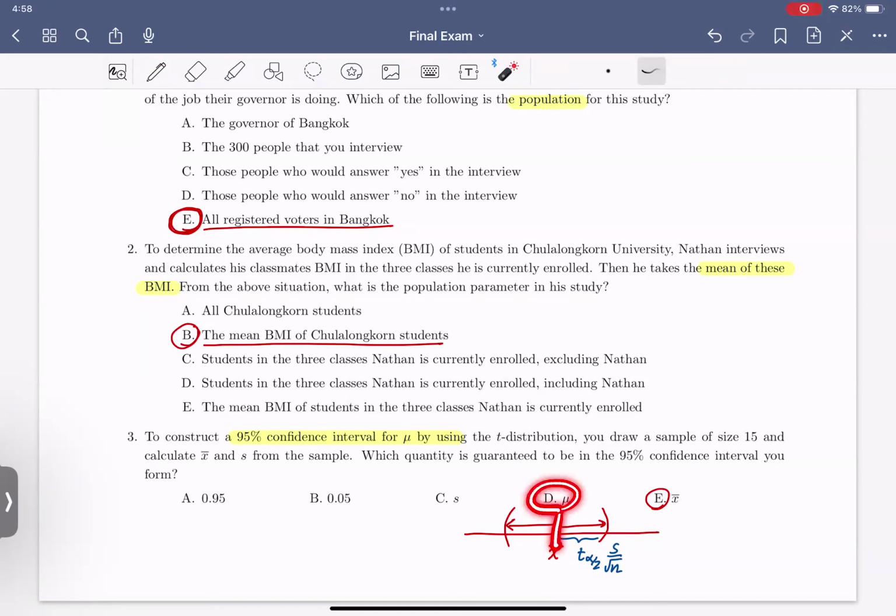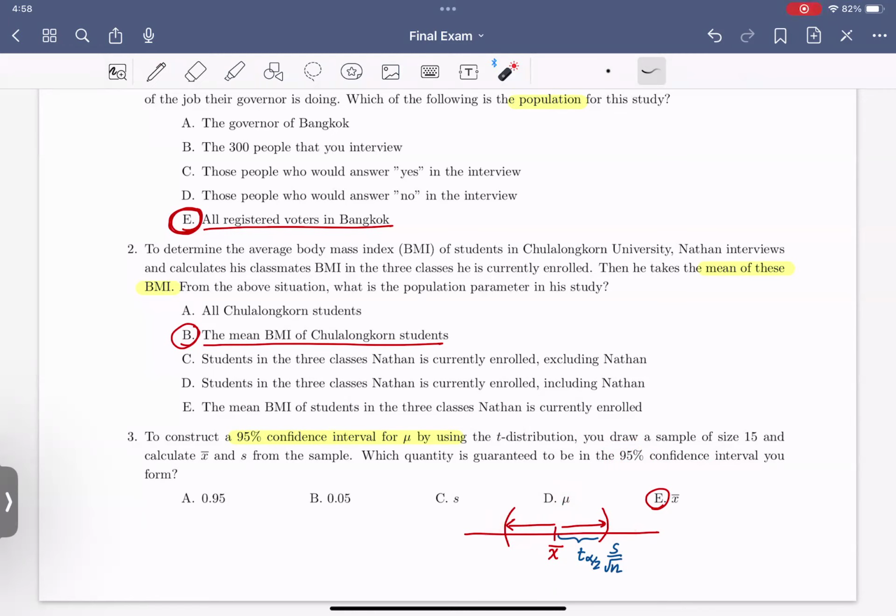Mu, you cannot guarantee, because mu is the true value of the mean, right? Sometimes it is going to be outside, sometimes inside. Because you set up a 95% confidence interval, 95% of the time mu is going to be inside the interval, but 5% of the time the sample that you get is pretty bad.